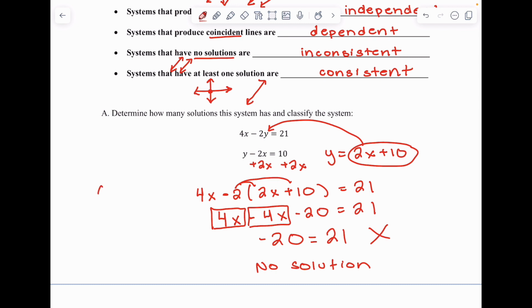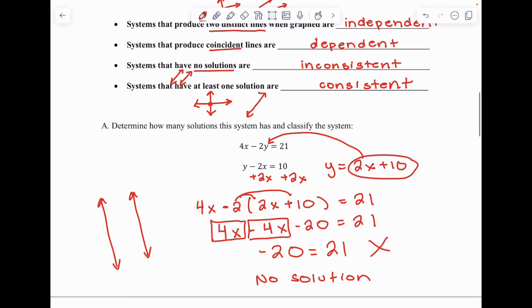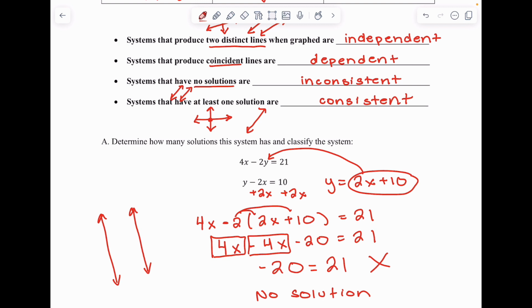Which must mean that if we were to graph this, we would have parallel lines, because we only have no solutions when the lines never cross. So, if we have two parallel lines, that must mean that our system is independent, because we have two lines. But because we have no solutions, that means our system is also inconsistent.